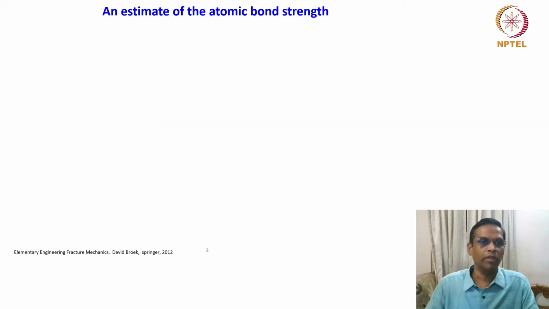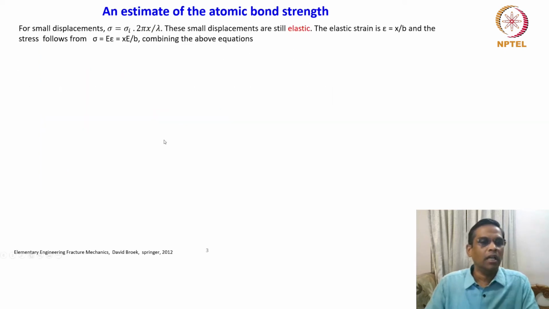How do we do that? Let us look at the simple terms available with us. For small displacements, sigma is equal to sigma i times 2 pi x by lambda. This is valid because these small displacements are still elastic. Please understand, we are still talking about elastic deformation only.